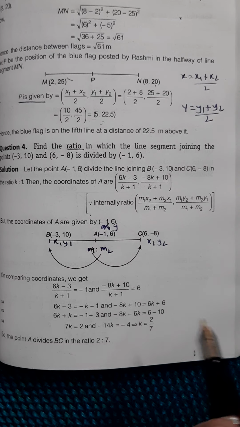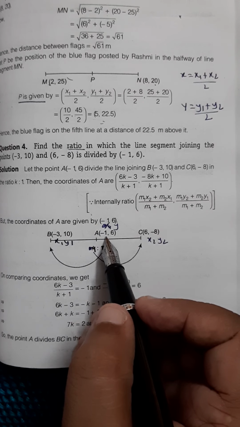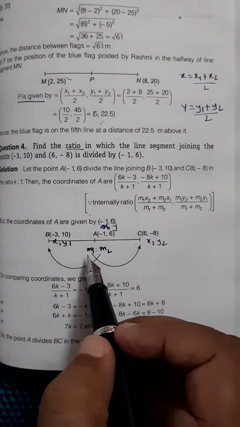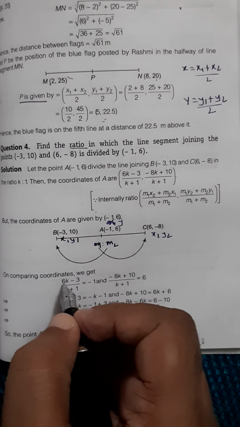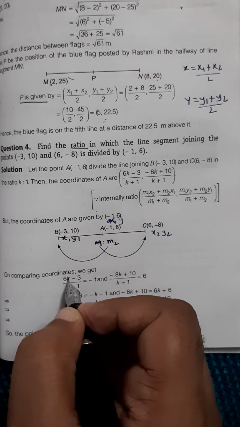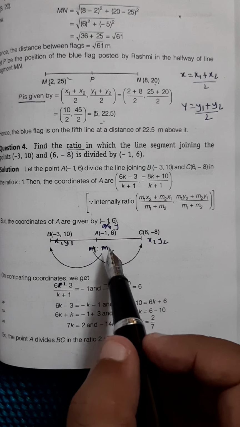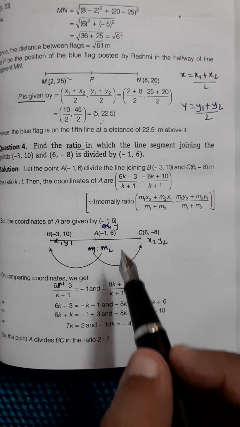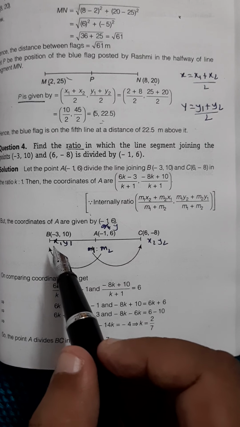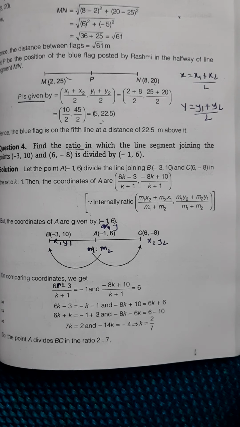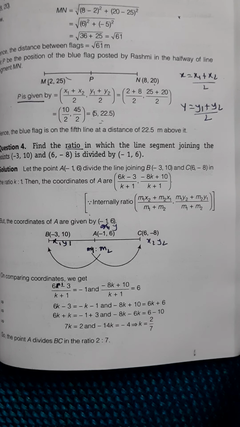It's the same thing. So x is equal to, now x is already given here, that is -1, equal to m1 into x2. So m1 multiplied by 6. So 6 into m1. I can write it as m1 minus, why minus? Because the formula is m2 x1. Now m2 x1 means m2 multiplied by x1, minus 3. m1 x2 plus m2 x1 divided by m1 plus m2.